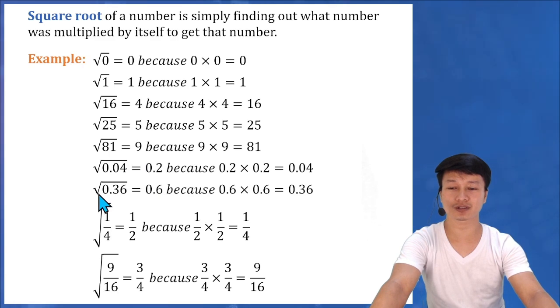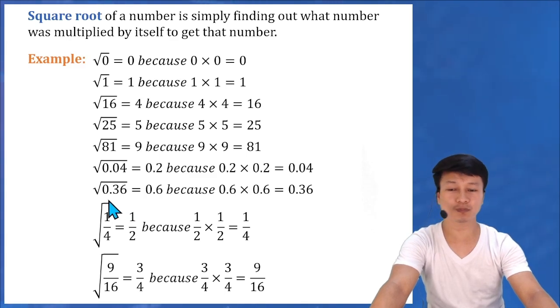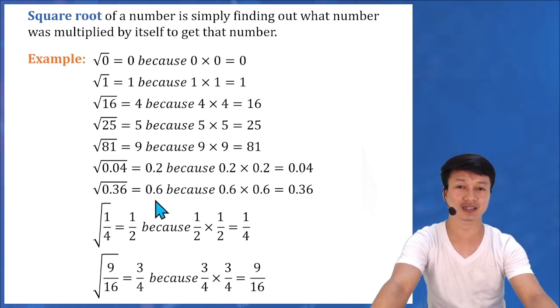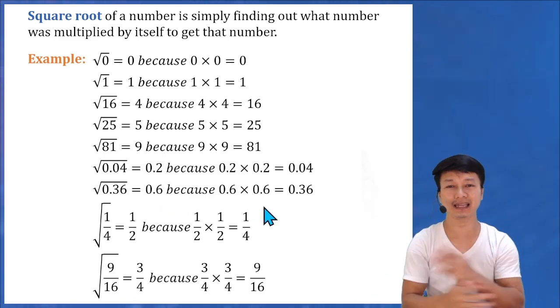Same here. If we consider 0.36, although 0.36 is in decimal form, we may think that 0.6 times 0.6 is also equal to 0.36, and therefore the square root of 0.36 is 0.6. That's all, it's just the reverse.